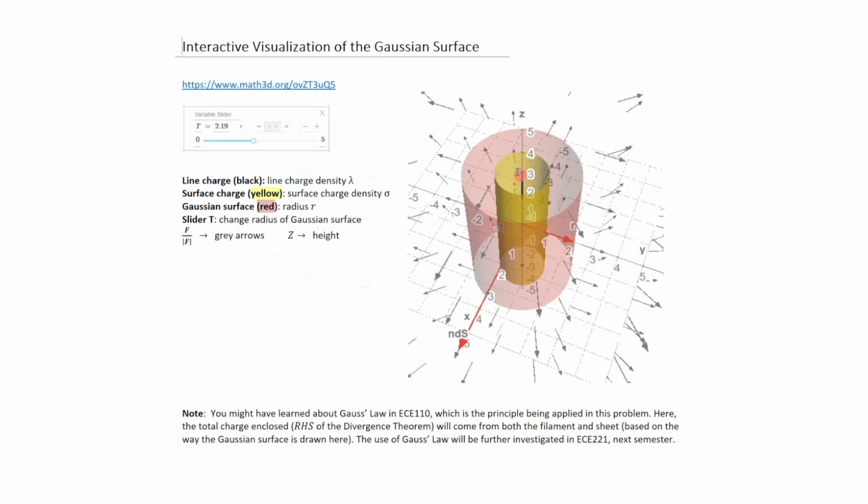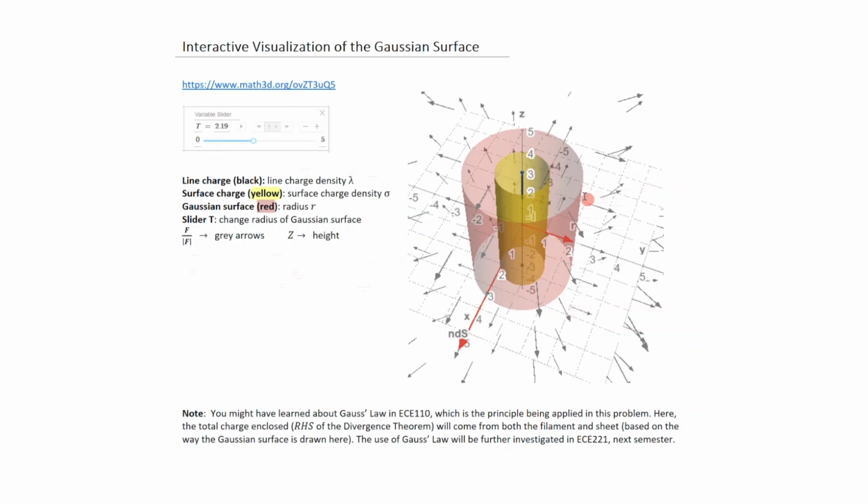The black line that you see here is this infinitely long filament with a line charge density of lambda, and this yellow is the cylindrical surface charge with surface charge density sigma. These gray arrows that you see here are unit vectors, representing the field divided by the magnitude of the field. And the height of the Gaussian surface is capital Z.